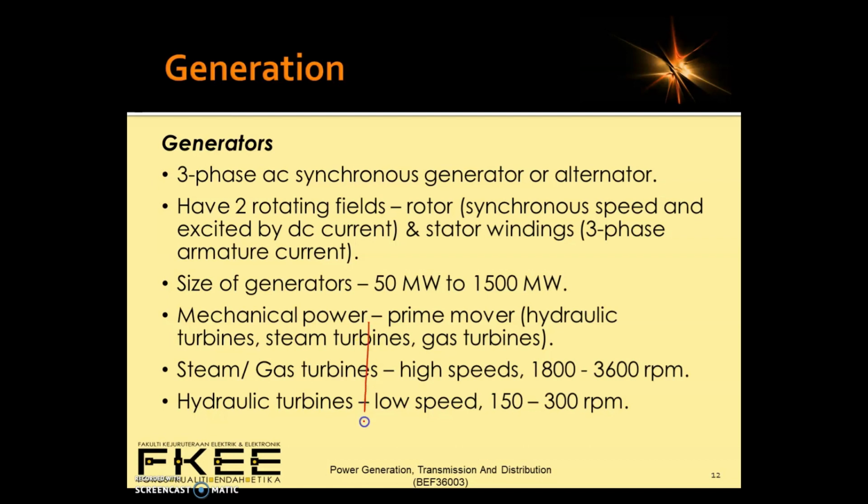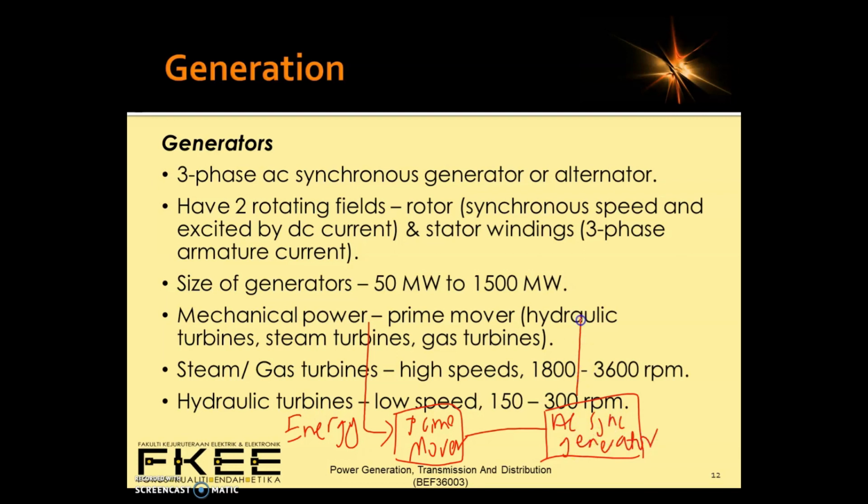If you look at here, for example, this one is energy from some sources. We have here the prime mover, and then goes to the AC synchronous generator, and then it will produce the electricity.